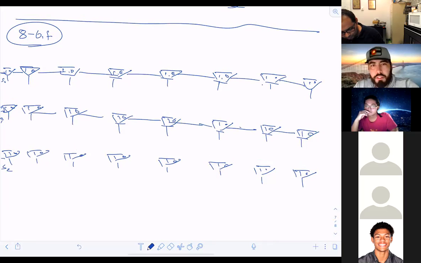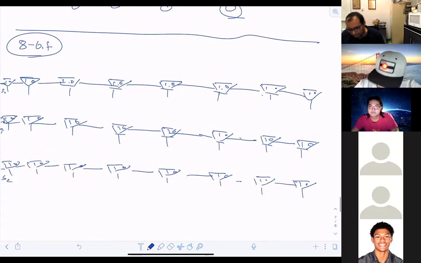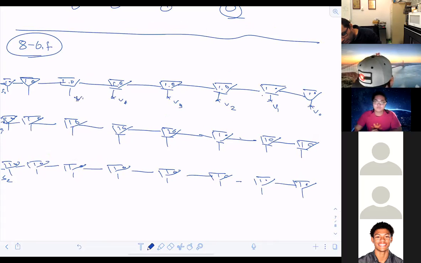Is it shift left or shift right, by the way? That's gonna be right. Okay, got it. Right is pretty much a piece of cake. Anyway, so let's look at it, right? Now we know we build it, right? So here we're gonna call V0, V1, V2, V3, V4, V5, V6, V7.